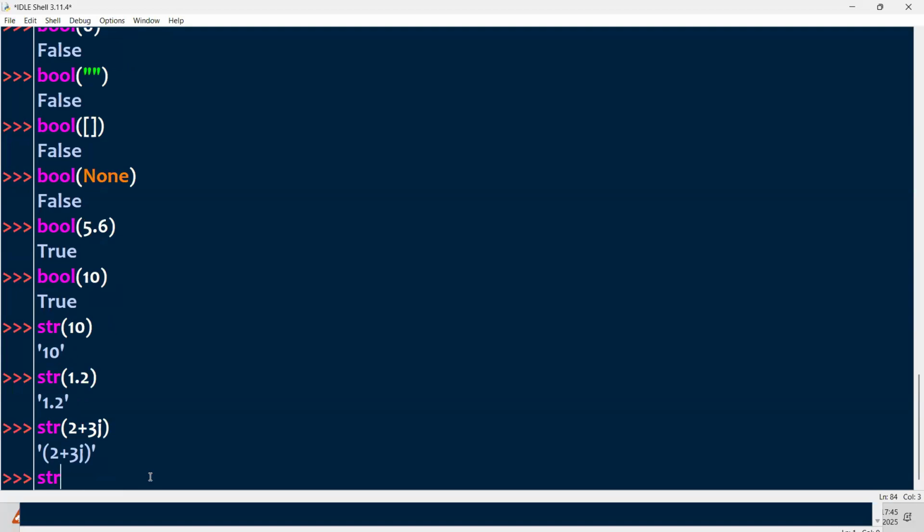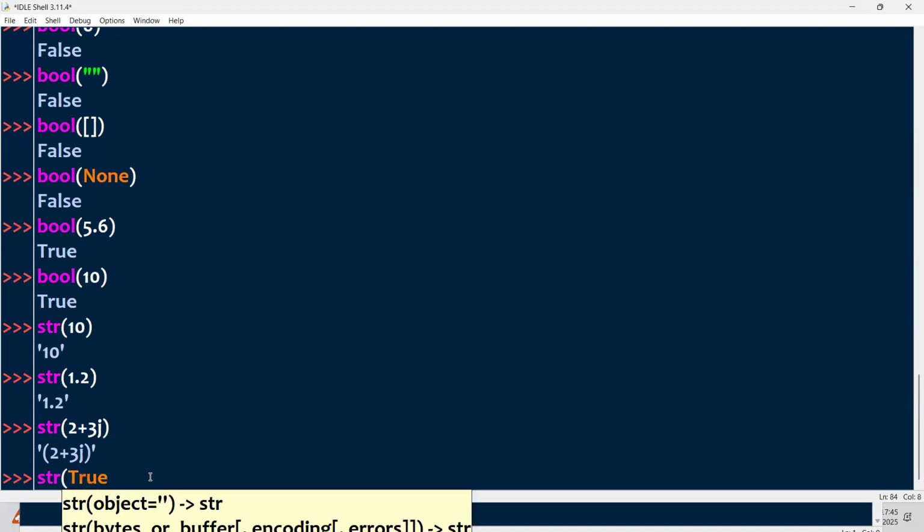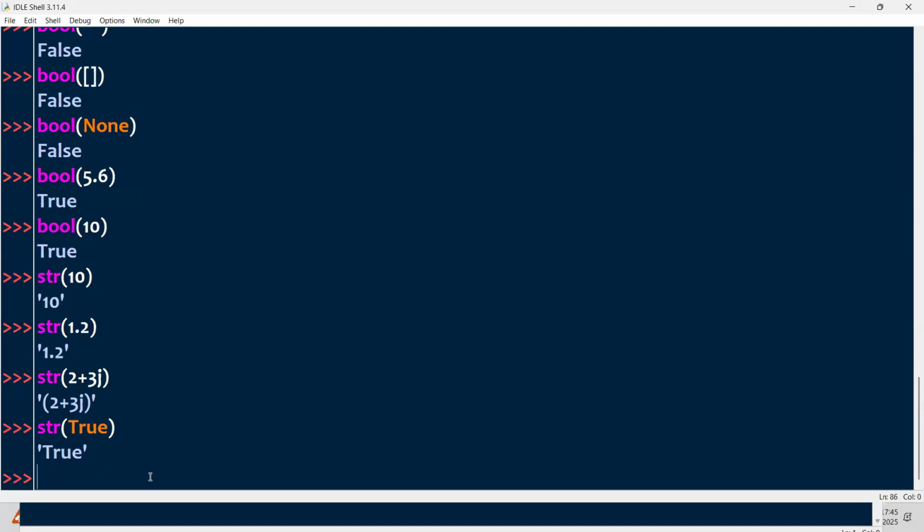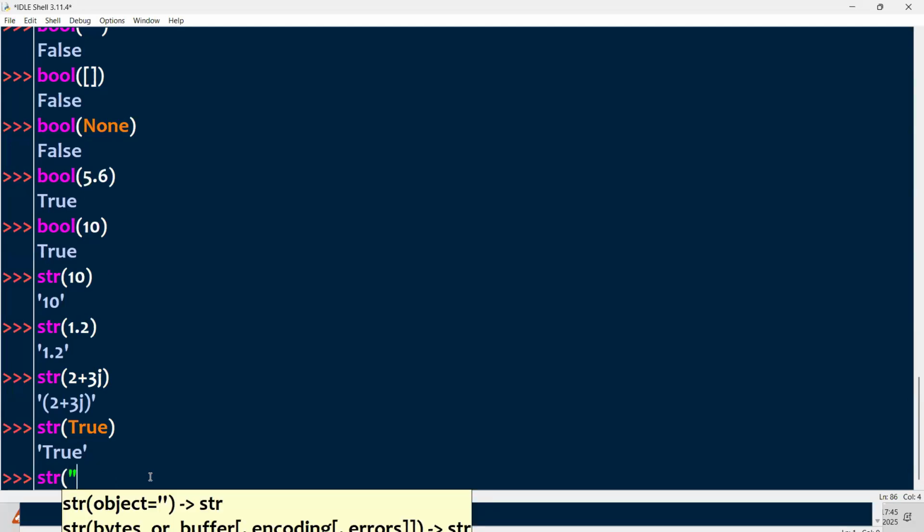Now tell me, can you convert Boolean to string? Tell me fast. Yes. Boolean to string. Okay. Now see. Now tell me what is the answer for this?